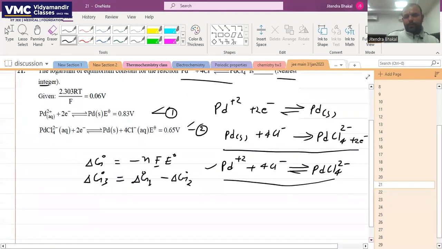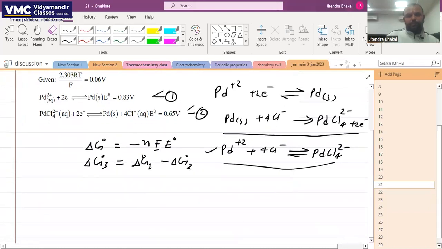When we put the values here, in the third reaction, 2 electrons are exchanged, so minus 2F E naught for the third reaction is equal to minus 2F E naught of the first plus 2F E naught of the second.